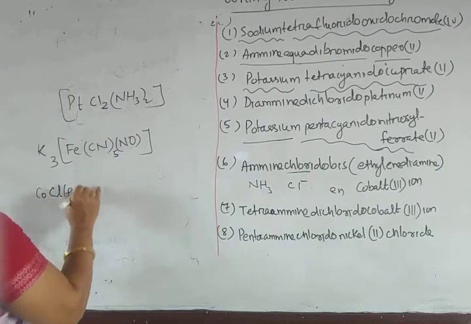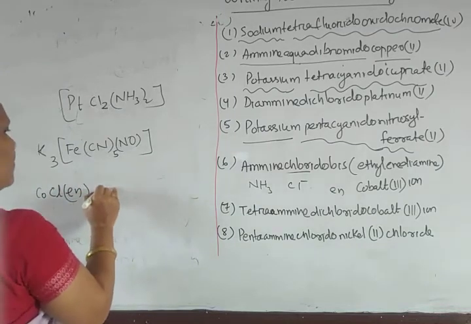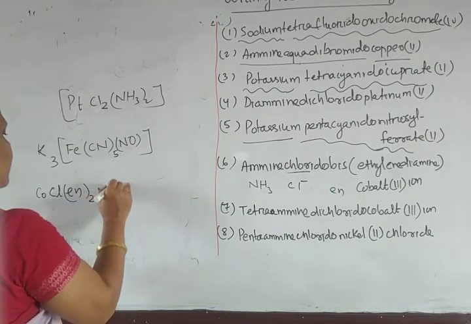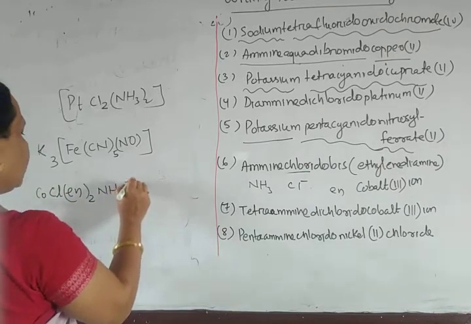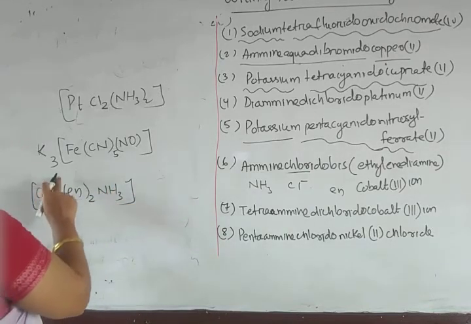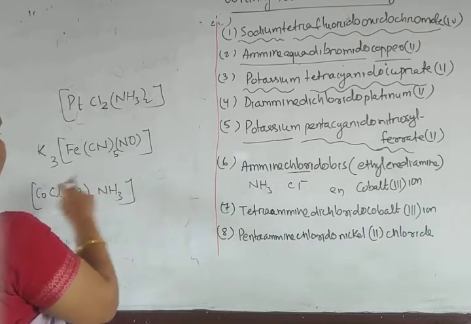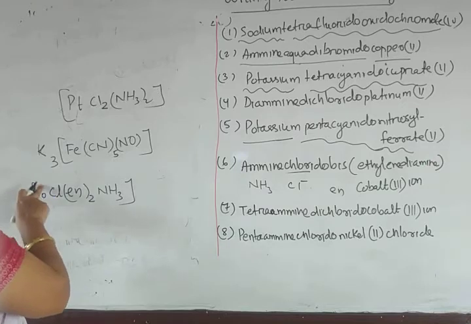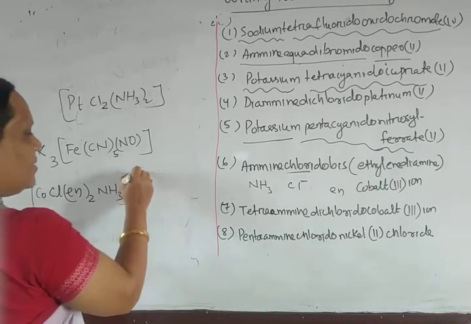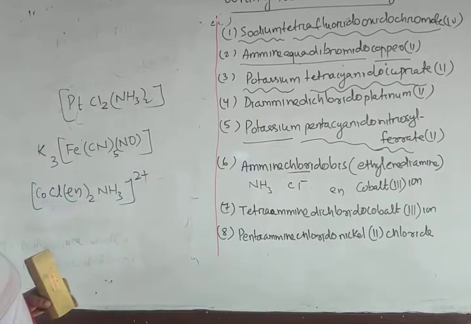So en2, then NH3. So Co, Cl, en2, NH3. Chlorido has charge -1 and cobalt is given 3, so 3 plus -1, and the rest are neutral. In this way it has charge 2 plus.